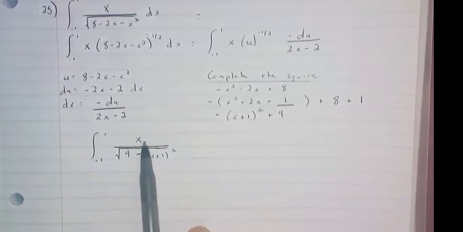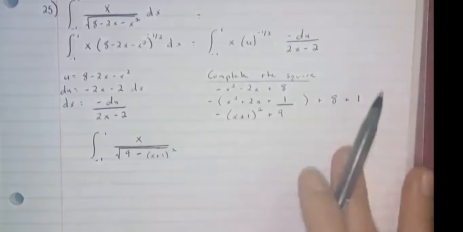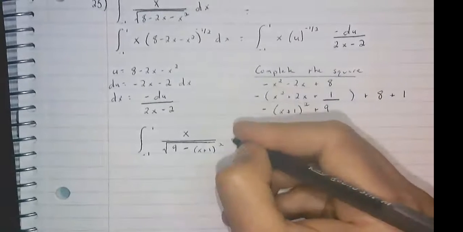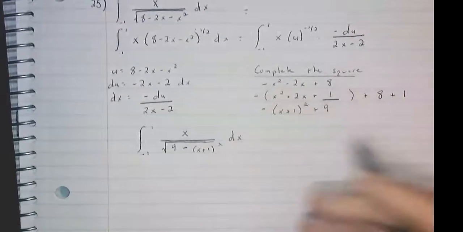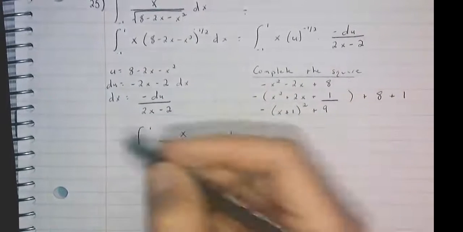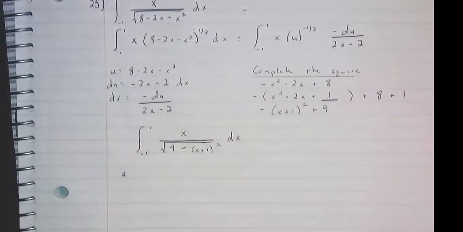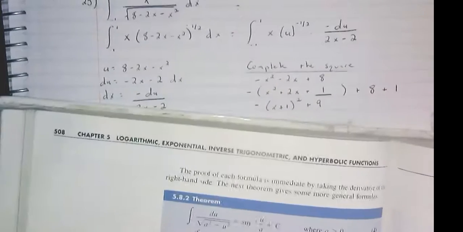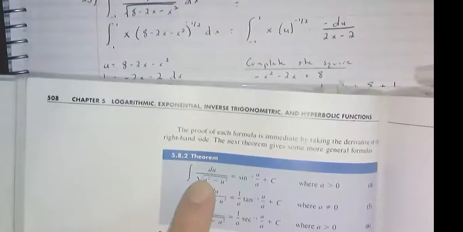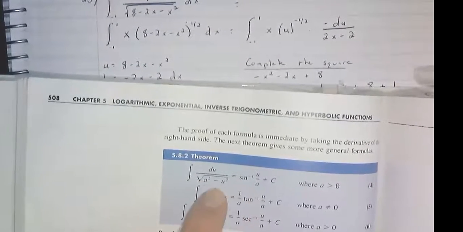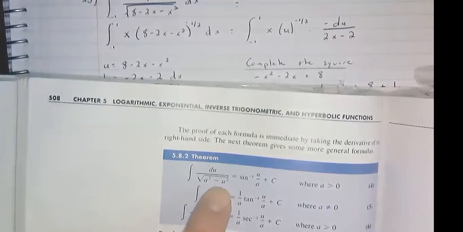The x is still a little bit worrisome, but we're just going to wing this and see what happens. The connection I just made was, oh, that looks kind of like the left side of this guy right here, where our A will be 3, our U will be x plus 1.